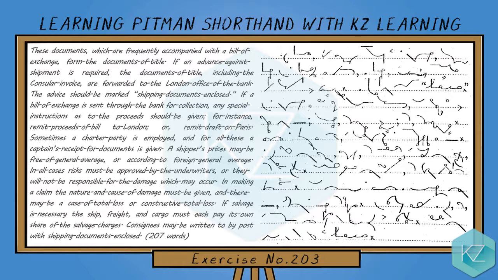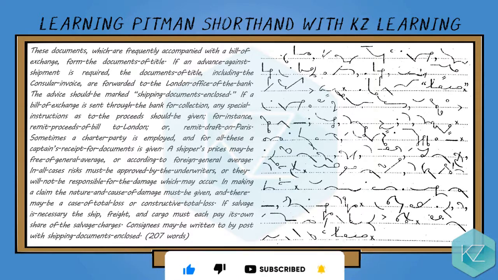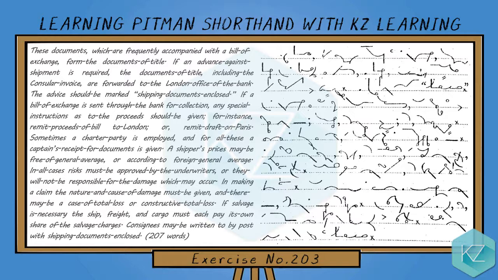If an advance against shipment is required, the documents of title, including the consular invoice, are forwarded to the London office of the bank. The advice should be marked shipping documents enclosed.